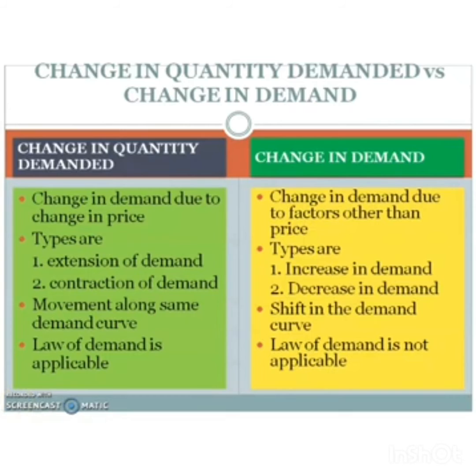There are two types of change in quantity demanded: extension of demand and contraction of demand. In the case of change in demand, the types are increase in demand and decrease in demand.